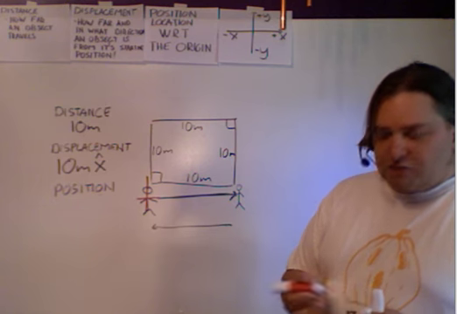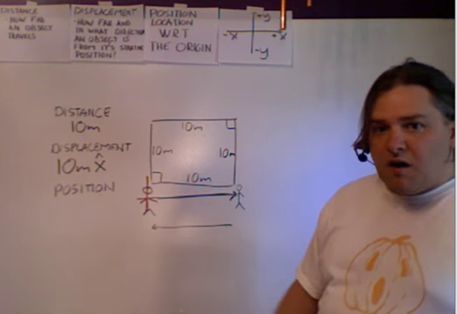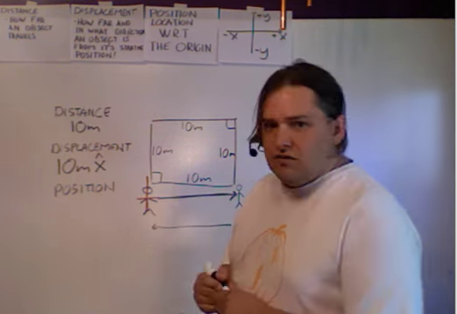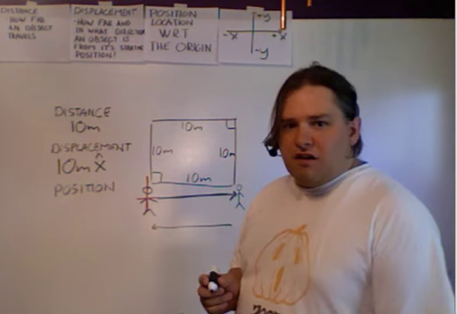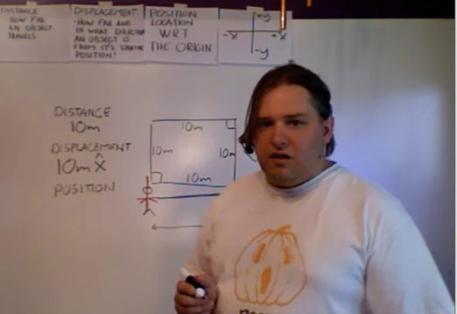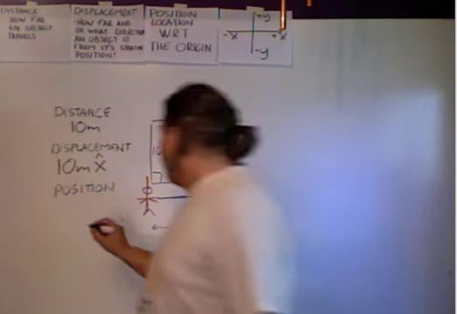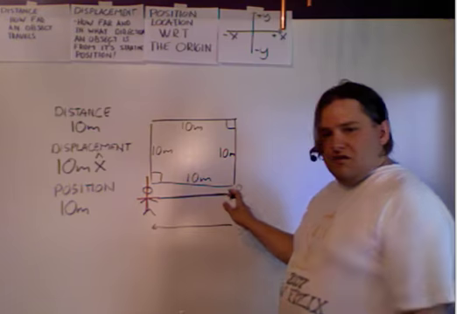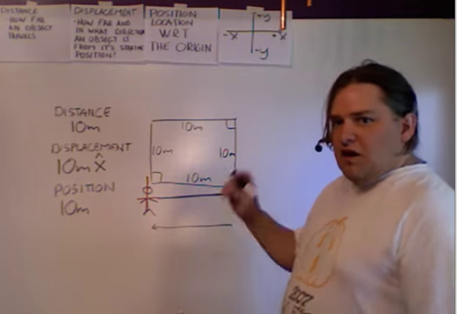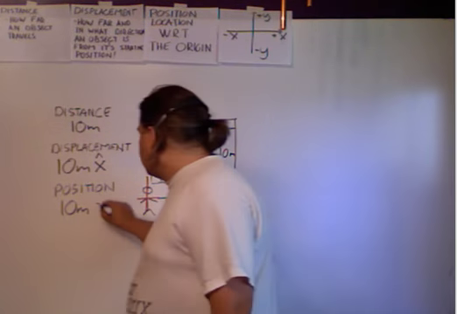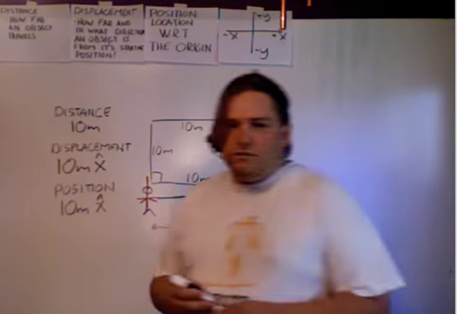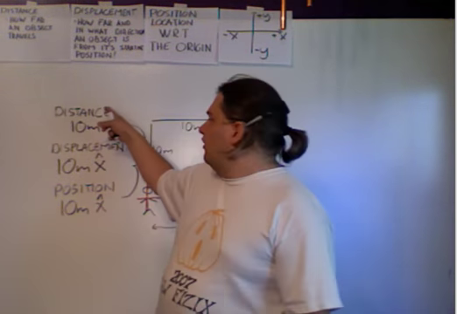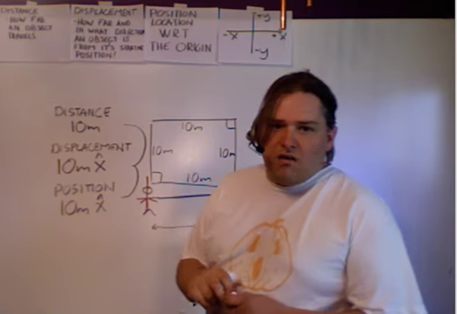If that's his origin, then where does he end up? He moved 10 meters away in that direction. 10 meters, and it's in the x direction. So he's 10 meters in the positive x direction from that origin. So there's a difference right there between this one and these two. I have that little x hat there to give me an idea of direction.